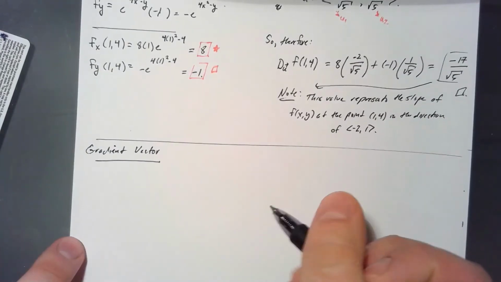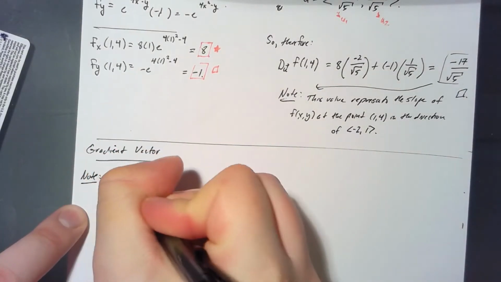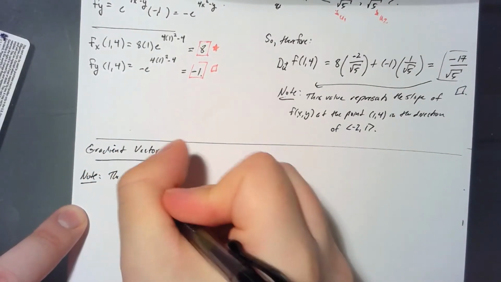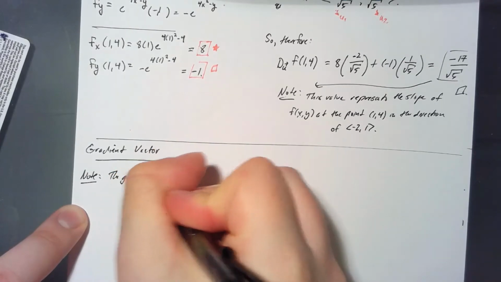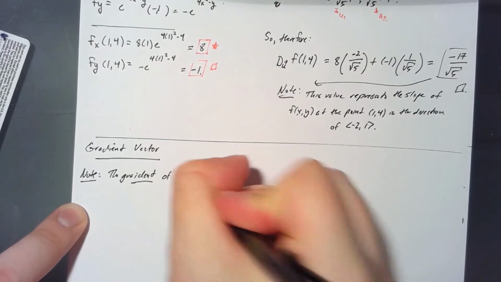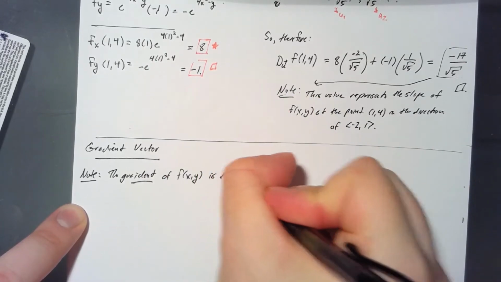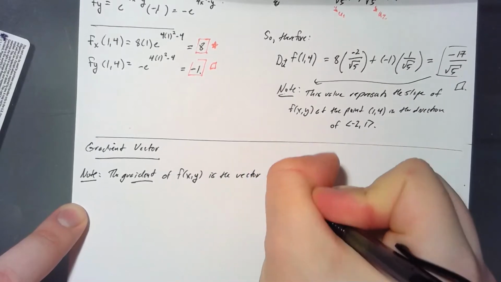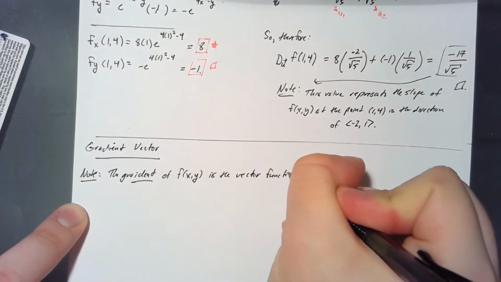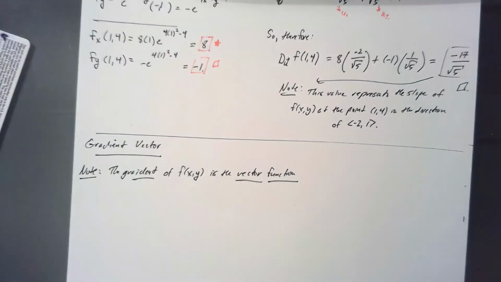So the gradient of the function f of xy is the vector function. Now the gradient is a vector. It's a vector function, so obviously it's a vector.